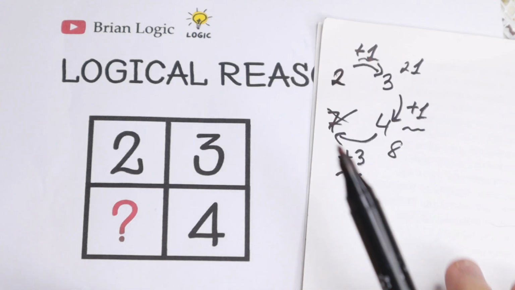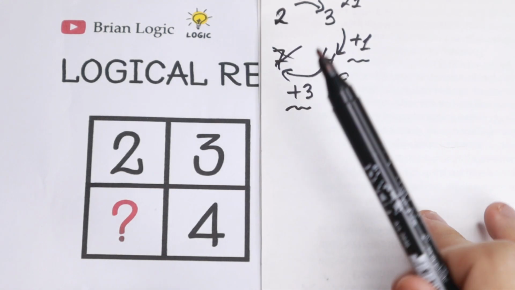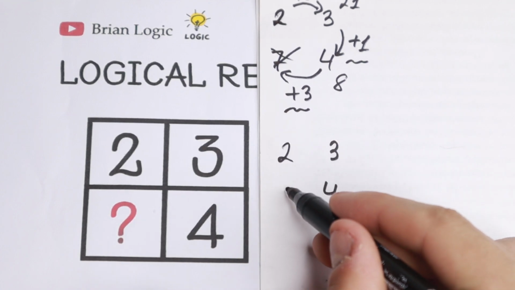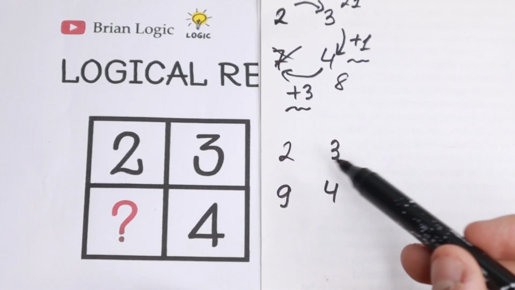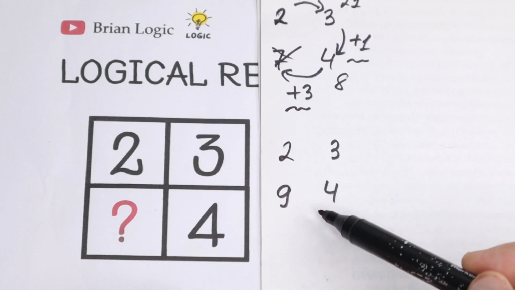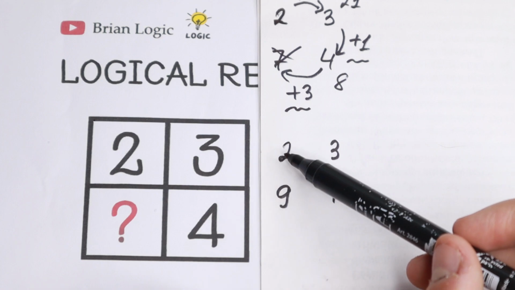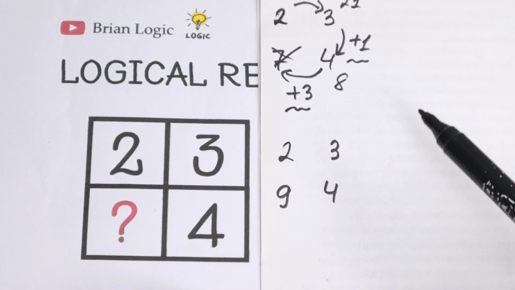Right here we have 9 on the bottom. So we have 2, 3, 4, and 9. If we're talking about addition, we add 1, then 1, then 5, so there is no pattern. Going this way, we add 2 here and 6 here.